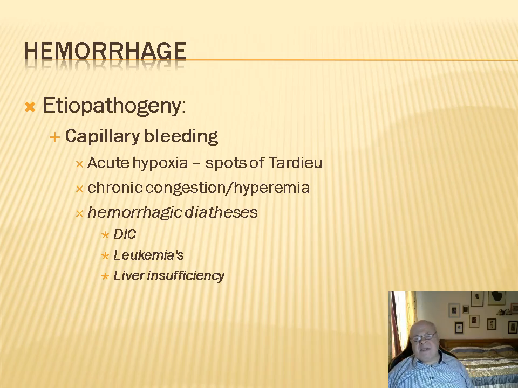But other causes of acute hypoxia will also generate the same thing. For example, drowning, it's also generating the same result. And it's a very important sign for legal forensic medicine, because it's possible in this way to identify an acute hypoxia even if you don't see anything at the surface of the body.